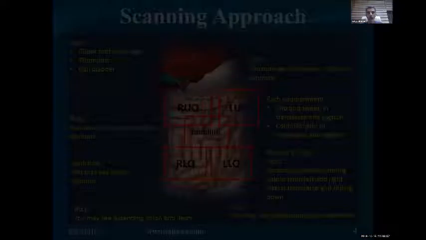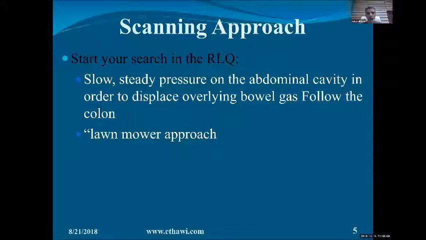So the approach is as follows. Start scanning slowly and apply steady pressure. The reason for that is to displace any air, and also you will see the bowel moving. If the bowel is not moving, then it's probably a fixed bowel loop.